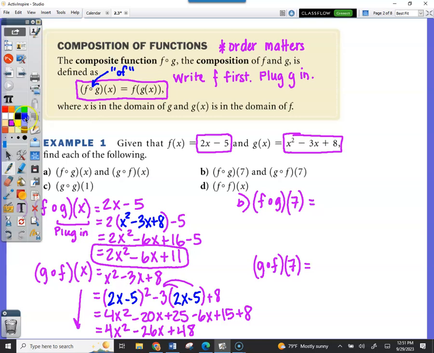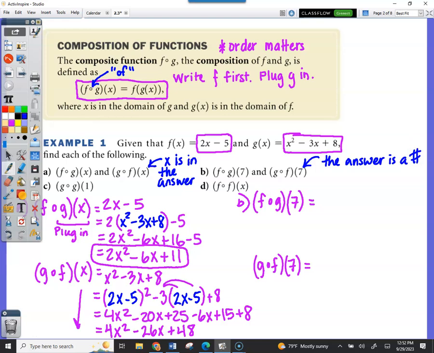Something to note. How do you know when you're finding a number? How do you know when you're finding an expression? Notice this said of x. This means x is in the answer. Notice this says of 7. This means the answer is a number.